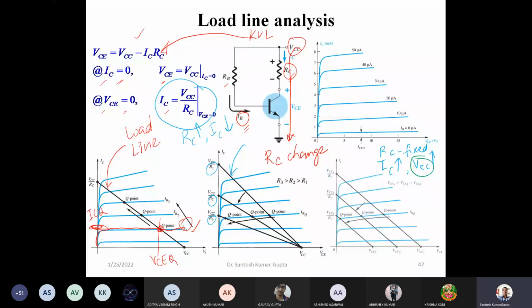If we change VCC to VCC1, VCC2, VCC3, then we can see that the load line changes again. One can see the difference clearly here.